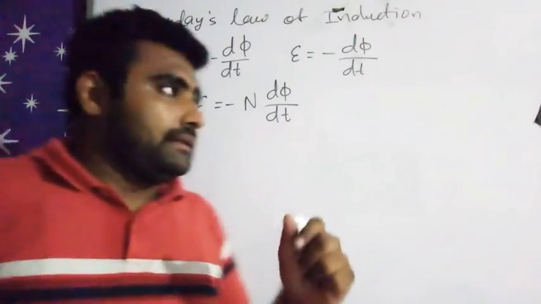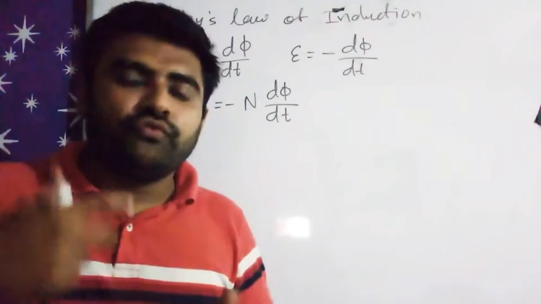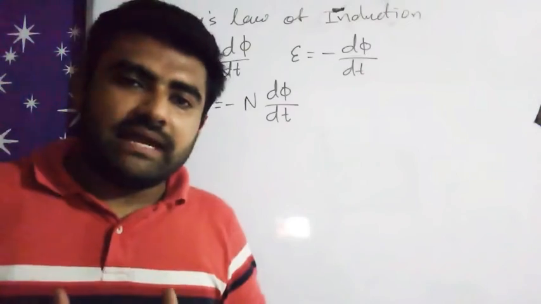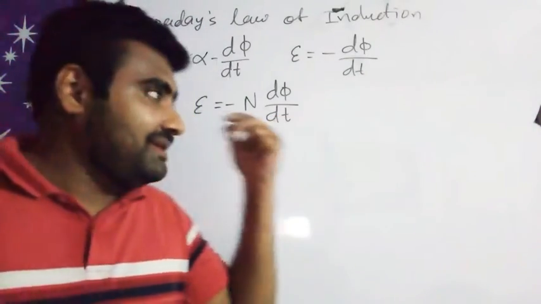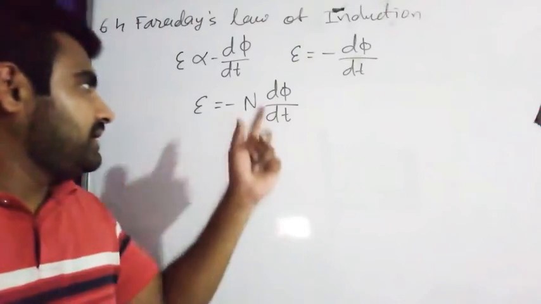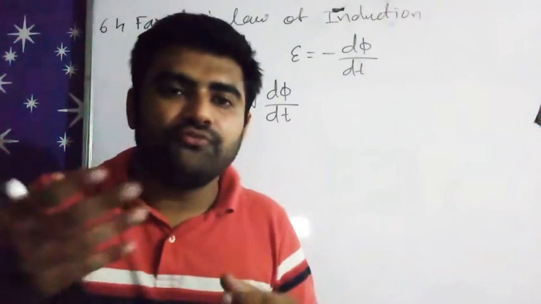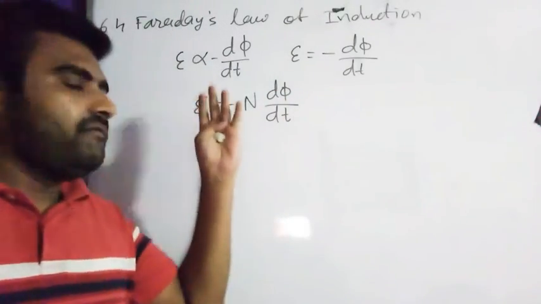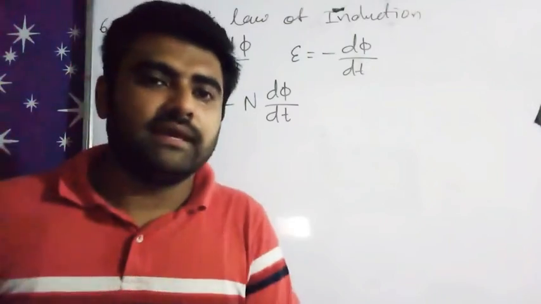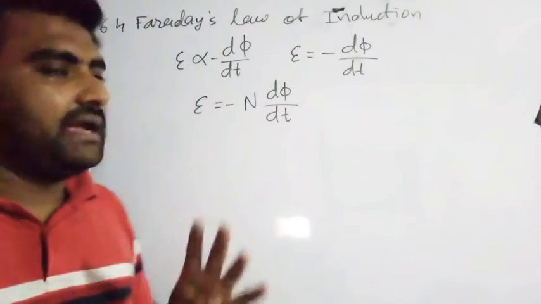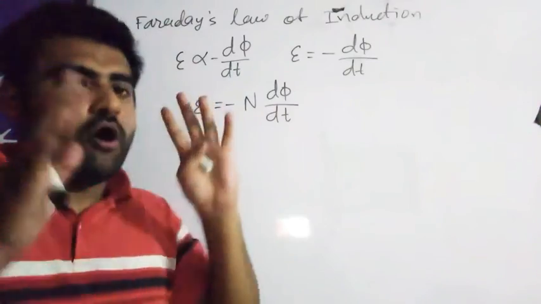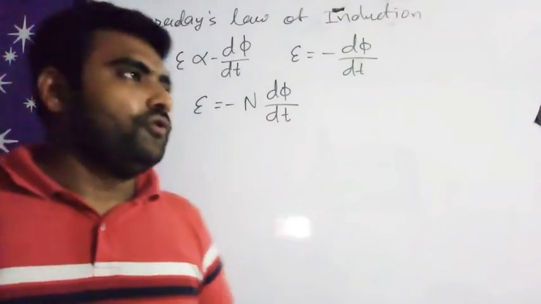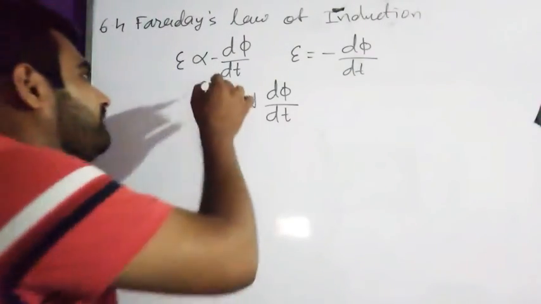Because this EMF is produced due to the change in magnetic flux, which opposes this EMF itself. मतलब कि यहाँ पर जो मैग्नेटिक फ्लक्स इंड्यूस हुआ, वो खुद इस ईएमएफ को अपोज करता है. वो हम लोग आगे देखेंगे लेंज लॉ में. बट यहाँ पर सिर्फ नेगेटिव साइन इसलिए है क्योंकि ये इसको अपोज कर रहा है. क्लियर? So that's our Faraday's law equation.